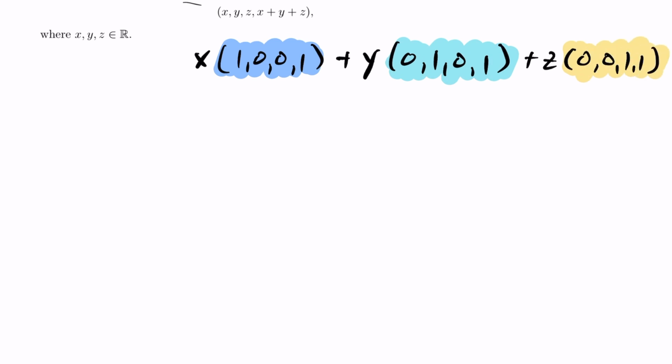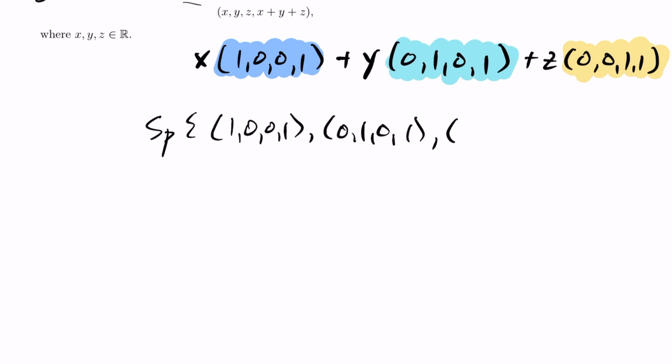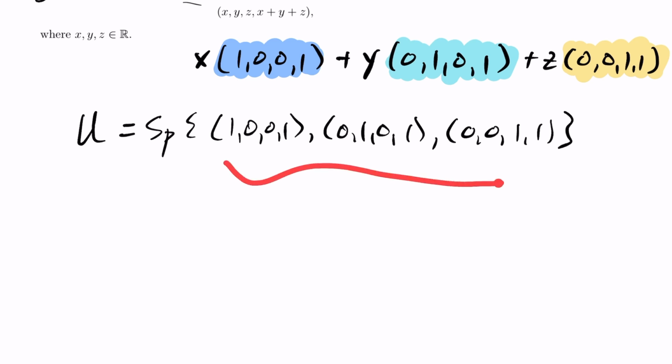Right away, you can see I have my first direction vector, my second direction vector, and my third direction vector. If I span on these direction vectors, you will generate the set U. These 3 are linearly independent from one another.